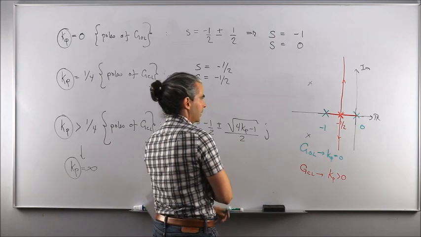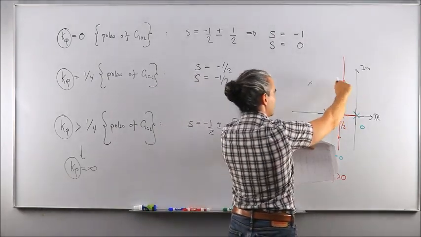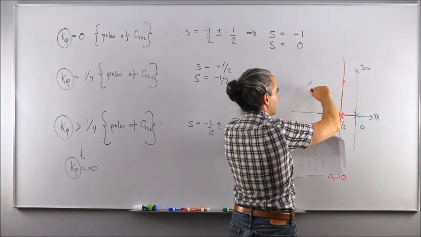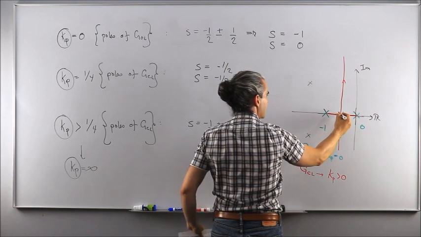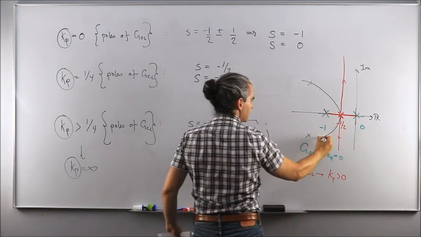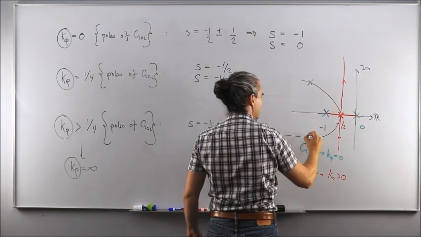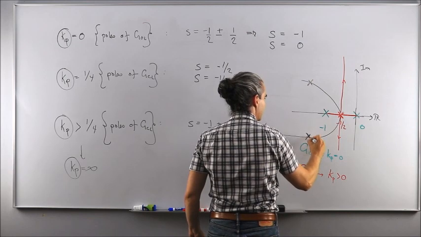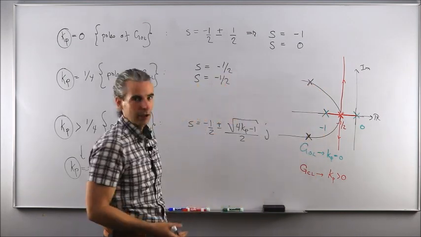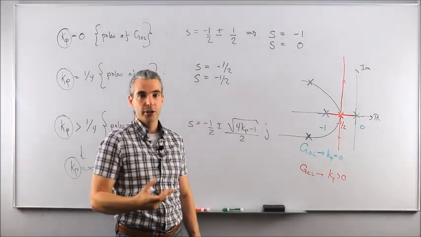So the trick that we're going to see in the next lecture would be to come in and change the route for the bus, okay? Or in other words, bend the branches of our root locus, and then make sure that the bus ends up stopping at our final destination that would correspond to the desired pole locations as they were calculated based on the performance requirements from the client.